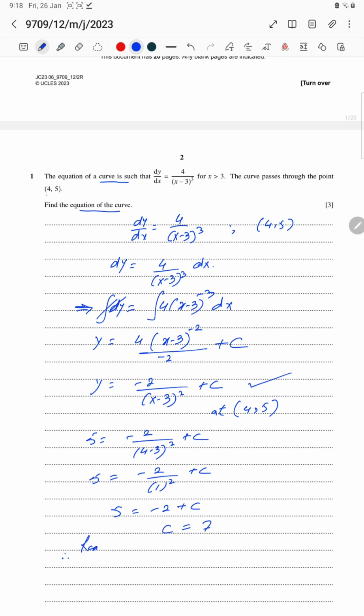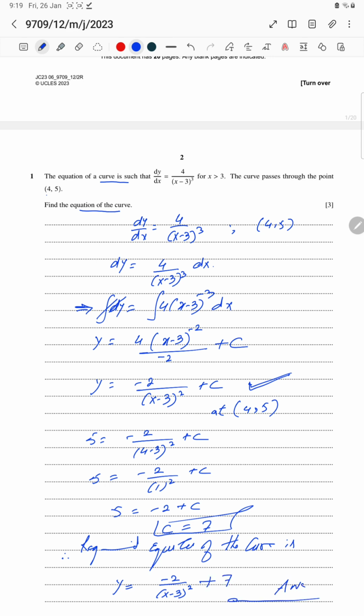Therefore, the required equation of the curve, replacing the value of c, is y equals minus 2 over (x minus 3) squared plus 7. That's the answer. I hope you got it.